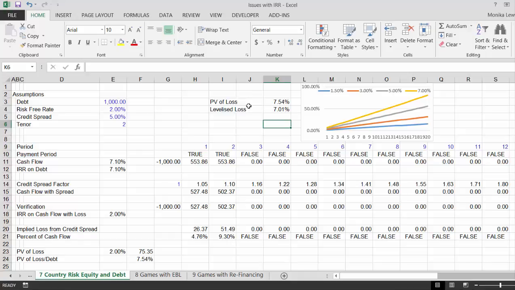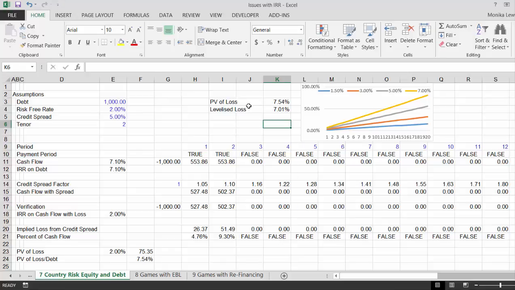I guess you can't lose relative to the risk-free rate. That's what it seems to be saying. You can lose 100% of your present value of your debt, and still you've earned that high credit spread.